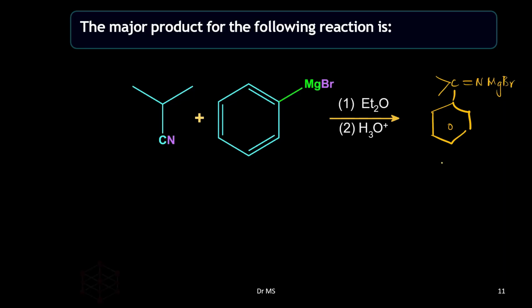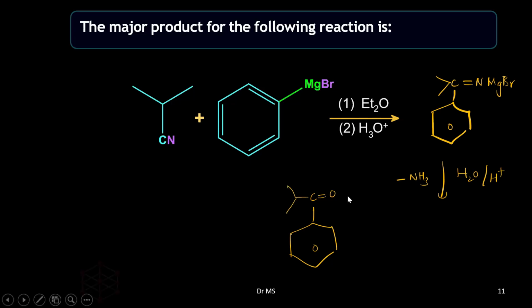Followed by what? What is the second step? Then the MgBr group will get hydrolysis, removed, and oxygen will come. Yeah, ammonium will be removed here, which will result in the ketone. Understood? Any doubts? Just observe how it has happened.